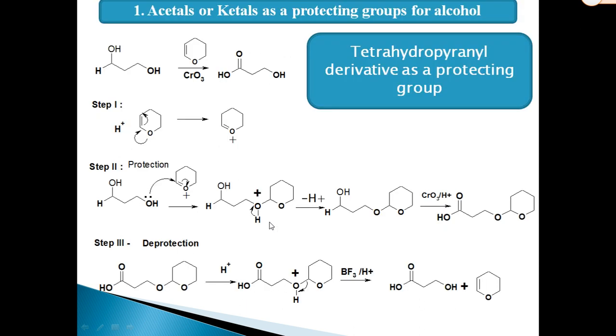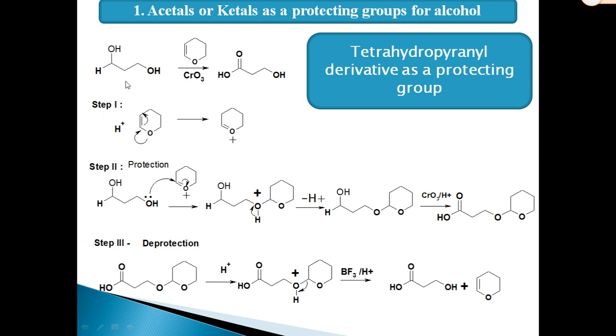First example, acetals or ketals as a protecting group for alcohol. Here, the tetrahydropyranyl derivative, see here in this reaction, is the protecting group for the hydroxyl group.